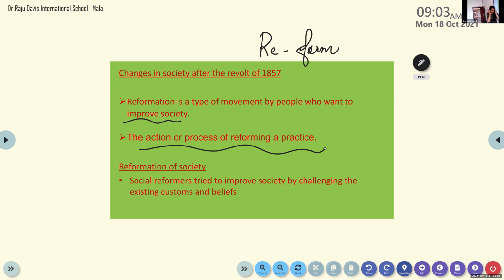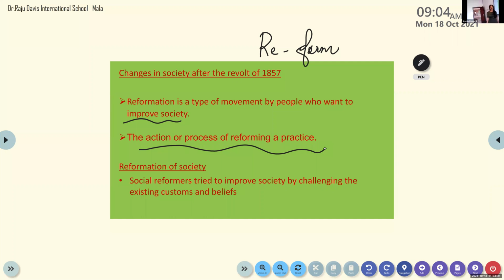Reformation is a type of movement by people who wanted to improve the society. Your sound is echoing.